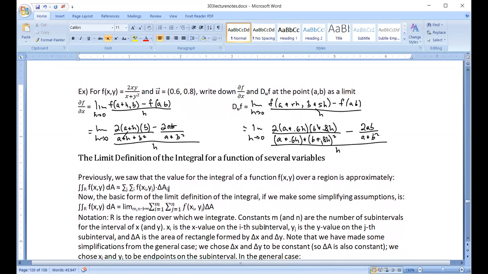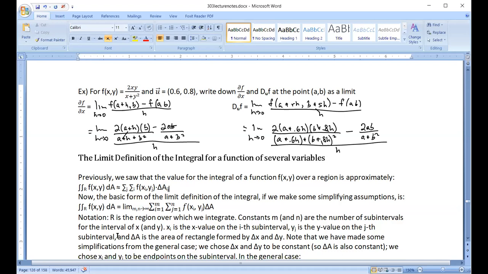Okay, so first of all, we get this limit: the limit as m and n go to infinity of the sum as i goes from 1 to m, sum as j goes from 1 to n of f of xi yj times delta A. And that's the limit for the standard double integral over the region of f of x y dA.